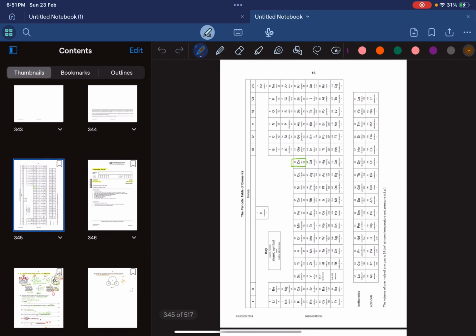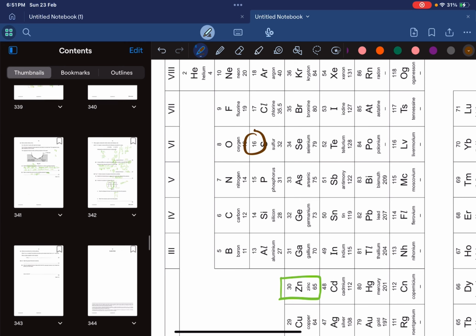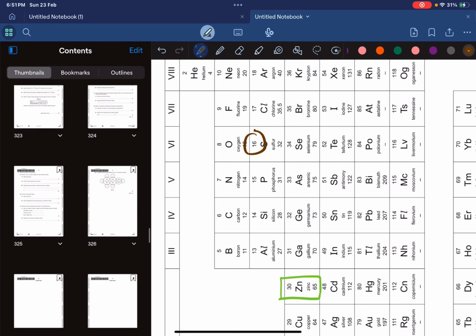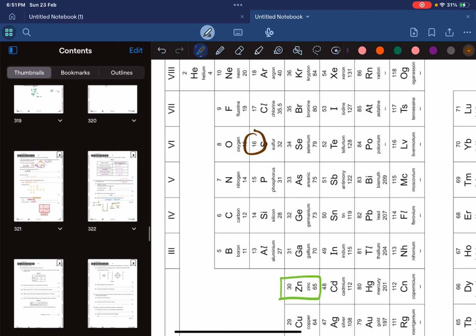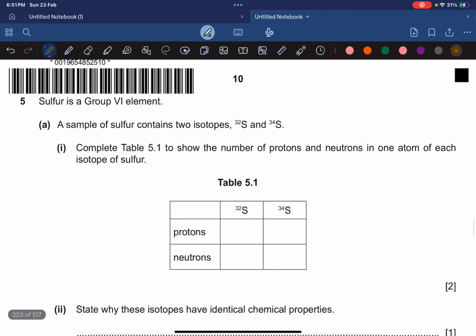Okay, in the periodic table for sulfur, we can see that it's 16. So it is going to be 16 for sulfur. Both of them are going to have 16 protons because proton number remains the same.